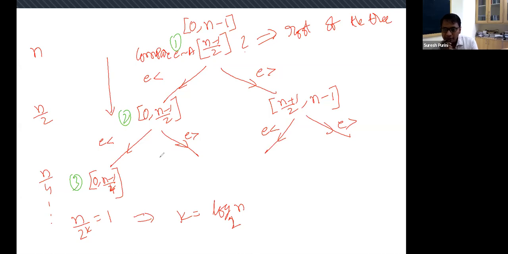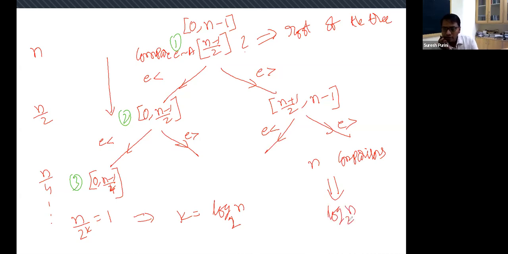Are you all with me here? So we can reduce the search from n worst case comparisons to log n to the base 2.